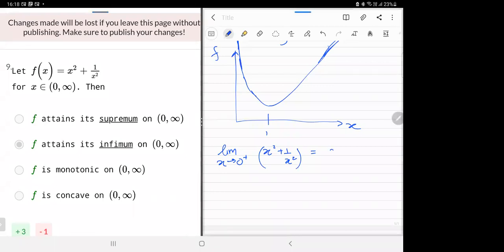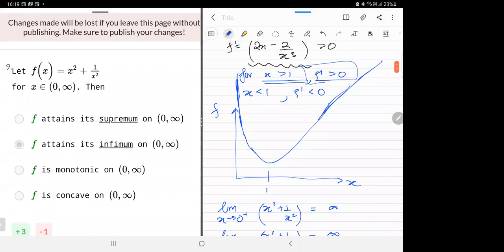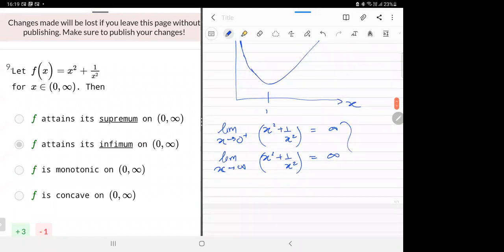Very good. So it goes to infinity here. And what is the limit as x tends to infinity of x square plus 1 by x square? It's still infinity. So this function goes to infinity here and infinity here, so there is no maximum. There exists no supremum for this function.